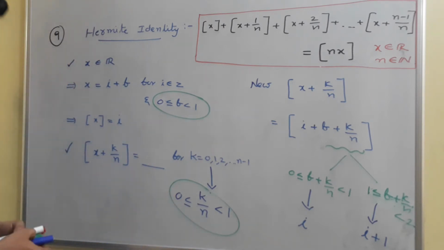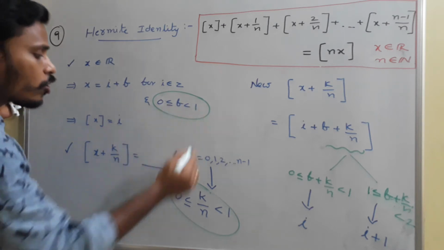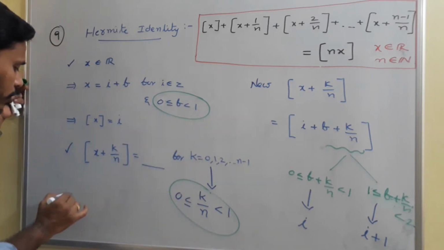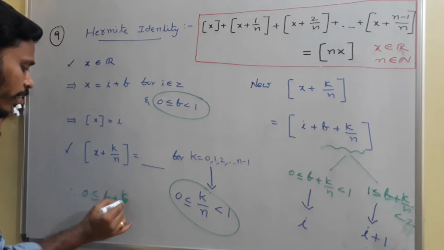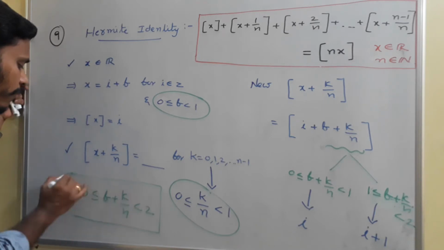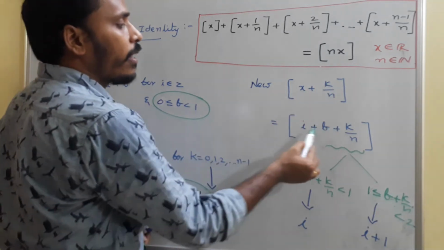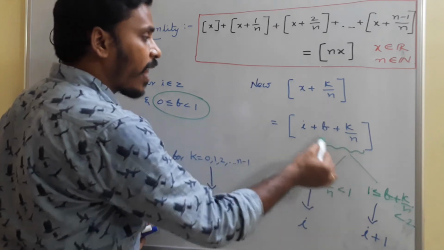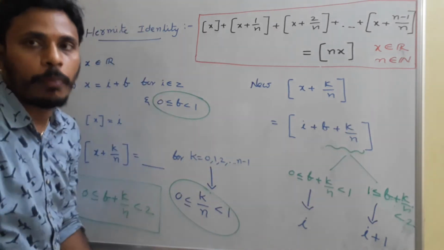So when you combine these two, f is in between 0 and 1, k by n is also in between 0 and 1. Therefore 0 is less than or equal to f plus k by n, which is less than 2. This f plus k by n value is in between 0 and 2. Since I need x plus k by n, I plus f plus k by n, here I have f plus k by n. So since it is from 0 to 2, split into two parts.